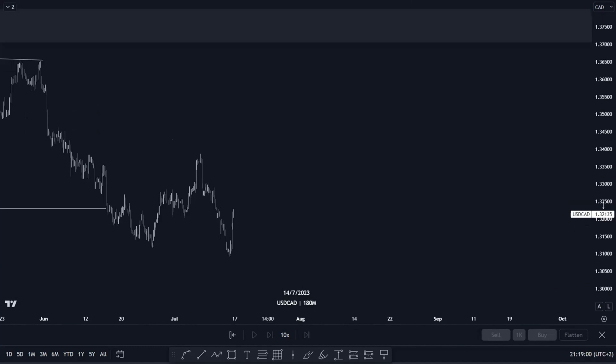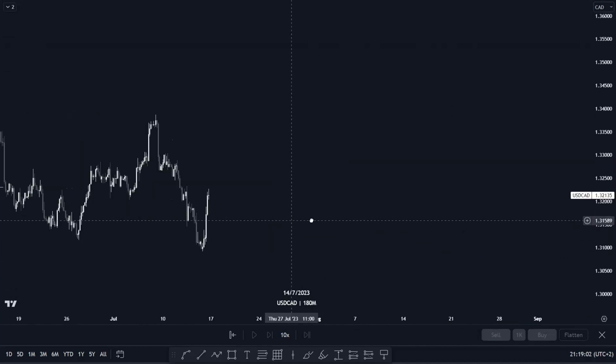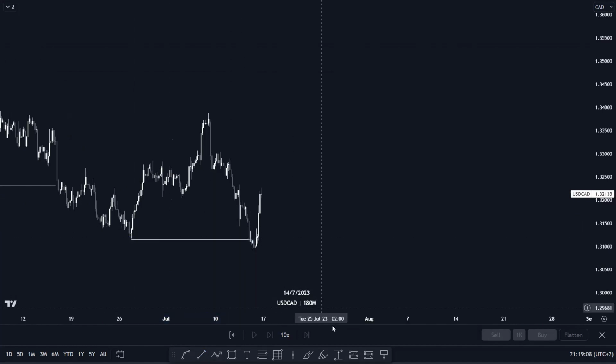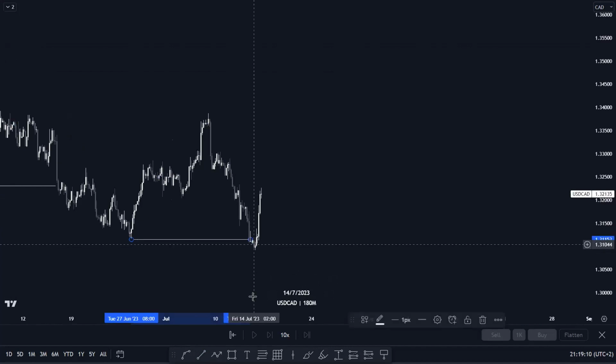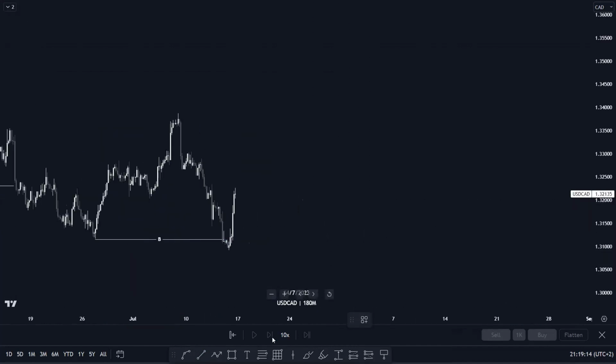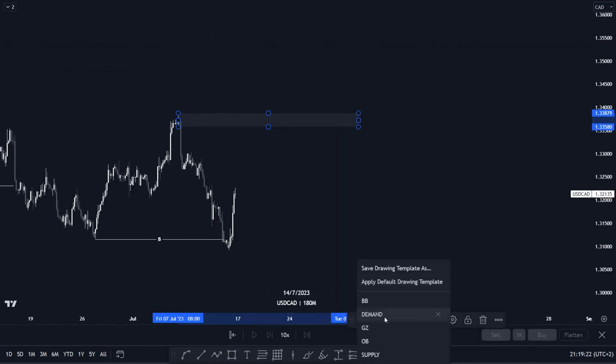What we are going to look for is that price created this break of structure. So now we won't be looking to take our entries off this high here, because why? Our higher time frame analysis says that we just formed a new lower low.